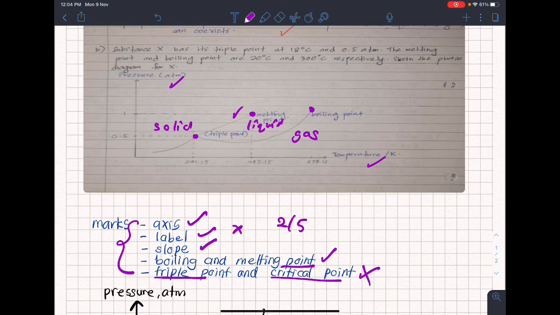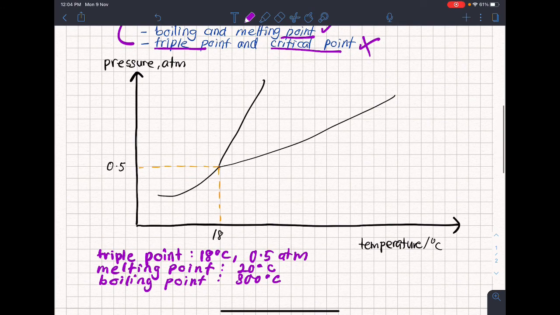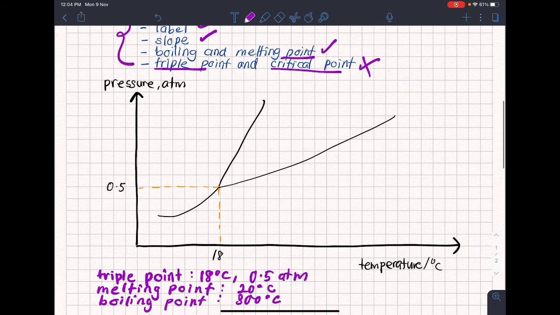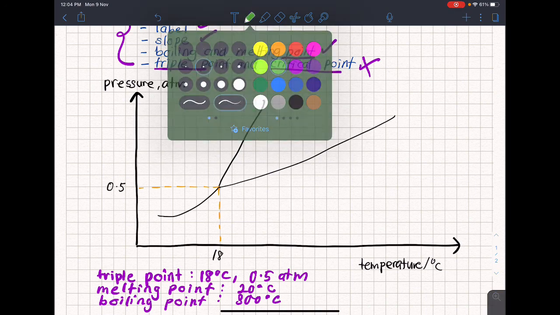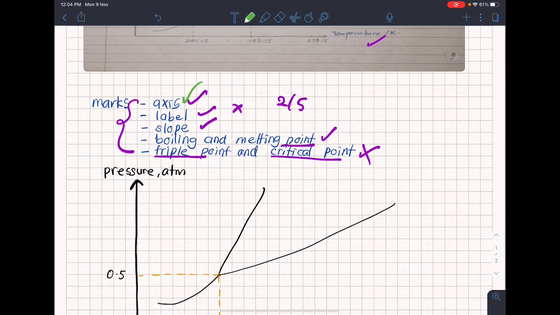Okay, so now what you should do is, axis first, there must be axis, pressure and temperature. Since the question gives you degrees Celsius, I maintain degrees Celsius. Axis settled, and then label.